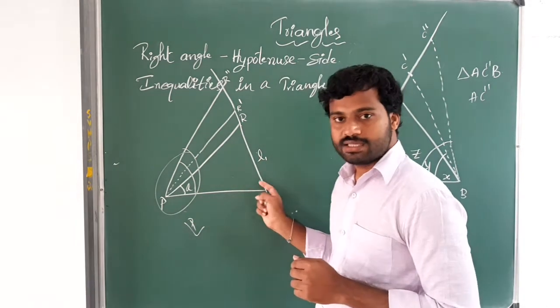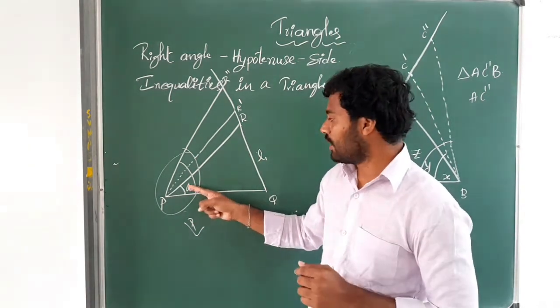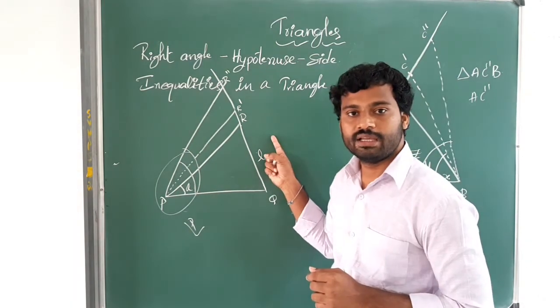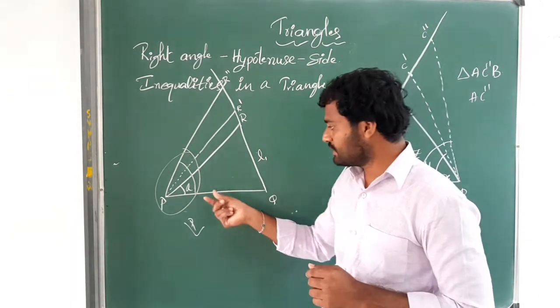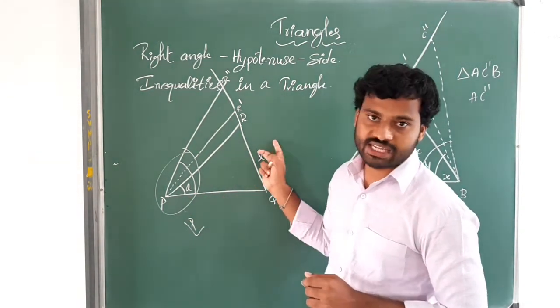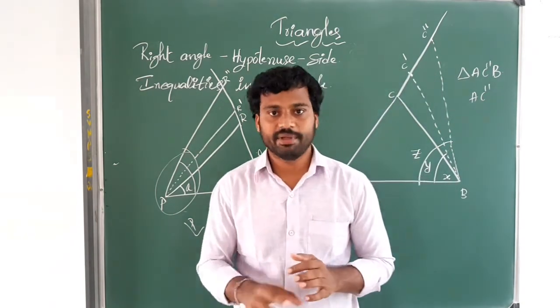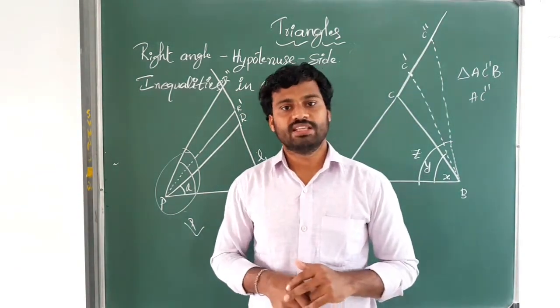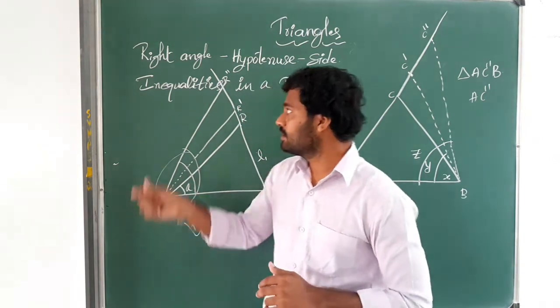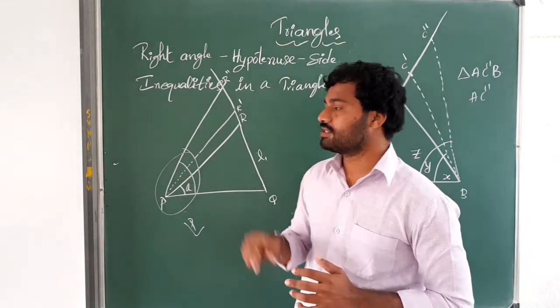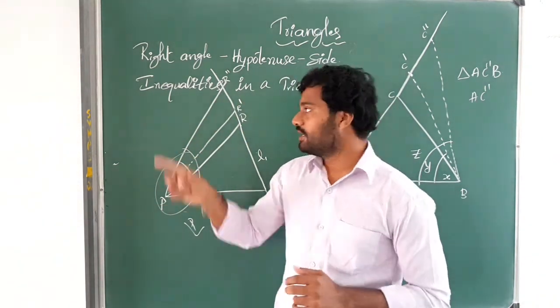If it is the largest angle, then automatically their opposite side will be the largest side. If it is the smallest angle, their opposite side will be the smallest one. The same is applicable for both. This is a small and very important concept in triangle inequalities.